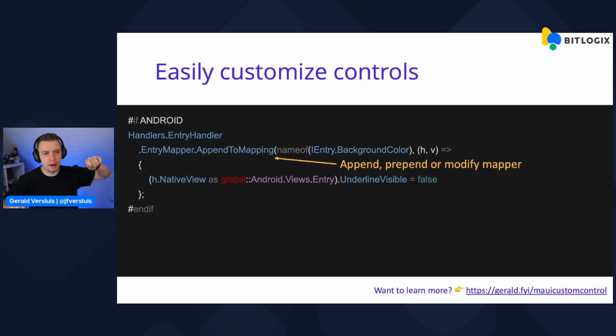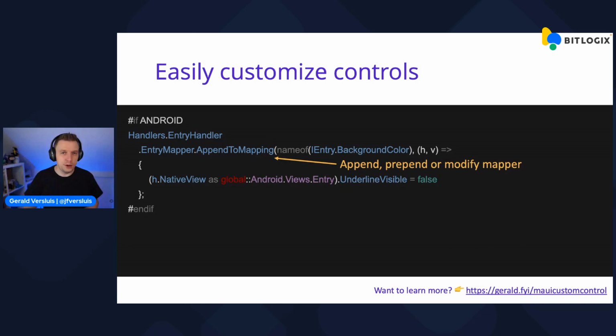That's what the mapper does. And what the append to mapping does is the ones that we as a team implemented are going to run first, and then you're going to append yours at the bottom, right? So we're going to render the entry the way that we thought it should be, but you're like, no, I don't want to have that underline, so you're going to append that little mapping at the end, so that you can remove that underline again.